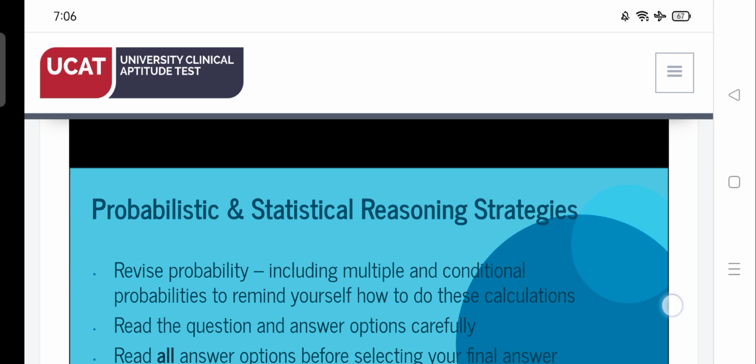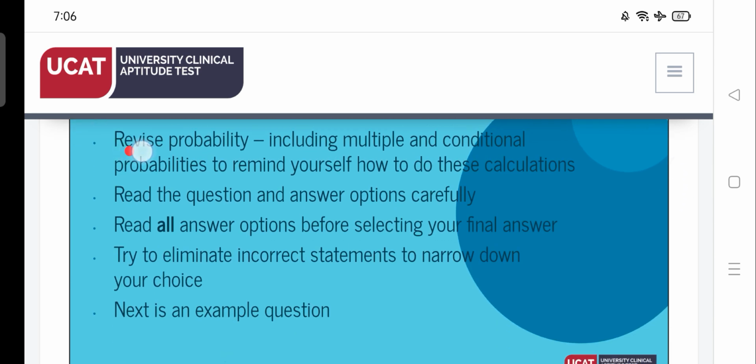Now we have a strategy to solve these questions. Revise probability, including multiple and conditional probabilities, to remind yourself how to do these calculations. Read the questions and answer options carefully. Read all answer options before selecting your final answer. Try to eliminate incorrect statements to narrow down your choice.